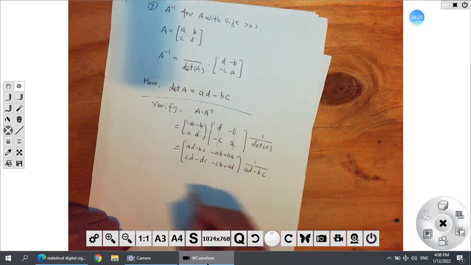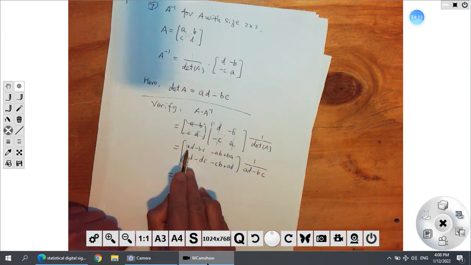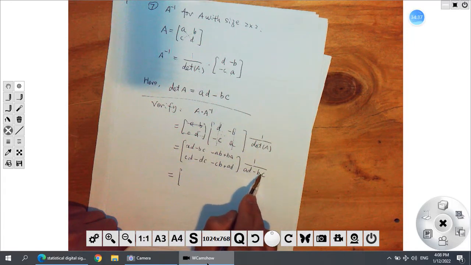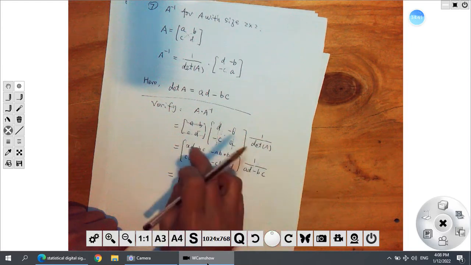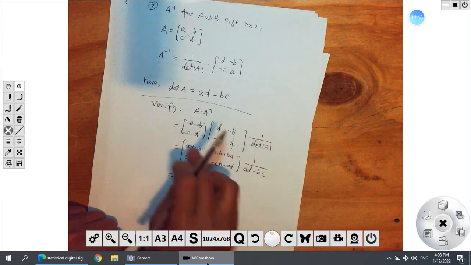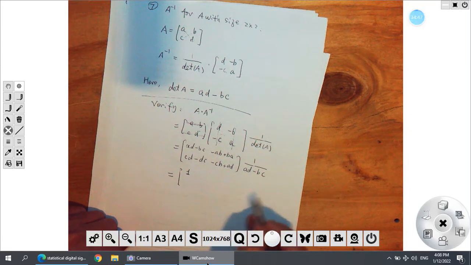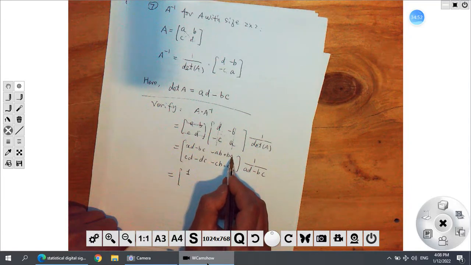Alright, now we simplify. This is AD minus BC. This is also AD minus BC, right? This is a number, so I just multiply it inside the matrix. So this number times the first element, I get 1. And the second, negative AB plus BA. What is this?